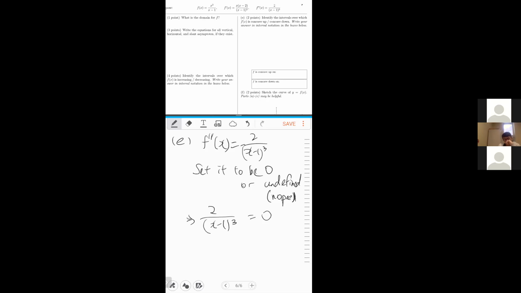Concavity does not exist. What does it mean?